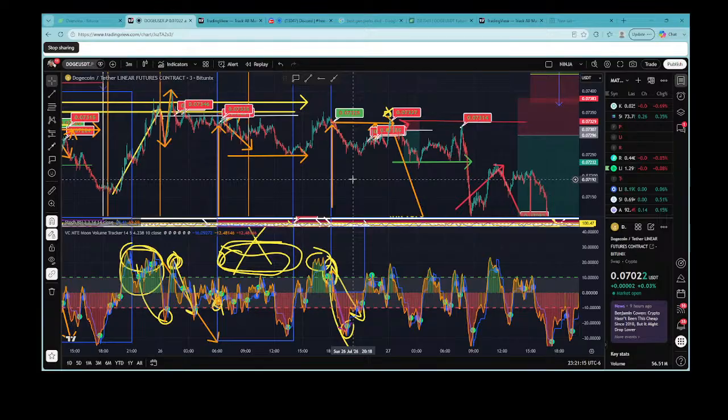A long isn't guaranteed, because everything can line up and it still doesn't mean people are going to buy. The reason I do shorts is that once something goes up, there's one thing guaranteed: 100% they will sell. Someone's taking profits.